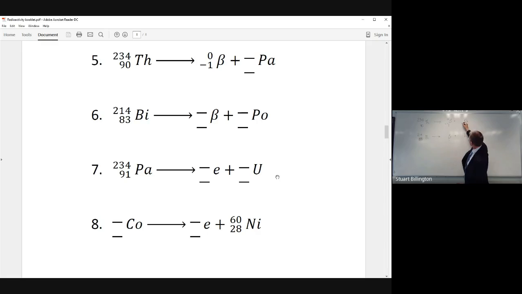So that's going to go up to 91. But the total number of protons and neutrons is going to stay the same because we lost a neutron, but we gained a proton. So it cancels out. We used to have 234 protons and neutrons. We've still got 234 protons and neutrons. Admittedly, one fewer neutron, one more proton.